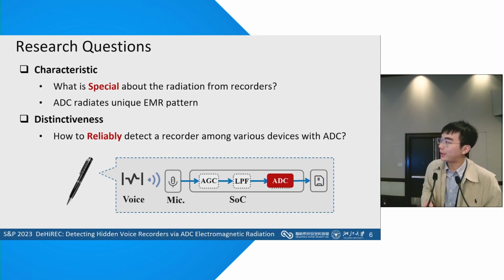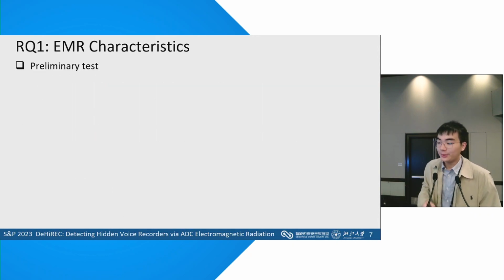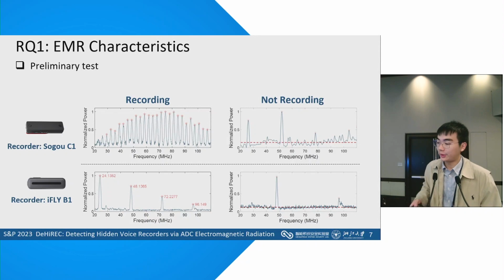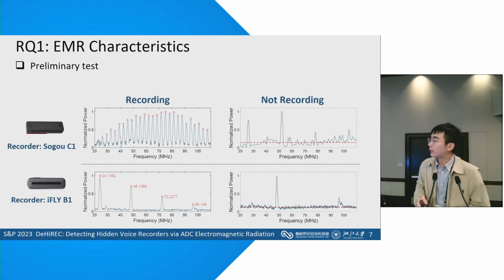We did a preliminary test to capture the radiation of recorders. We studied two recorders, captured the radiation when they were recording and not recording, and obtained the spectrum in the picture. Here are our observations.